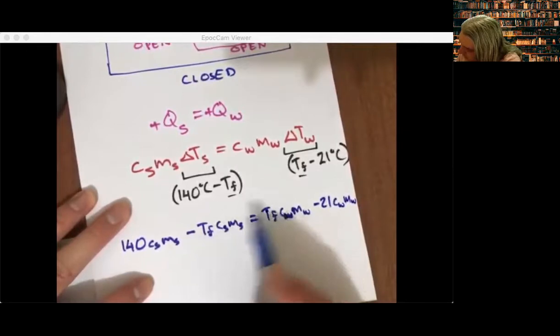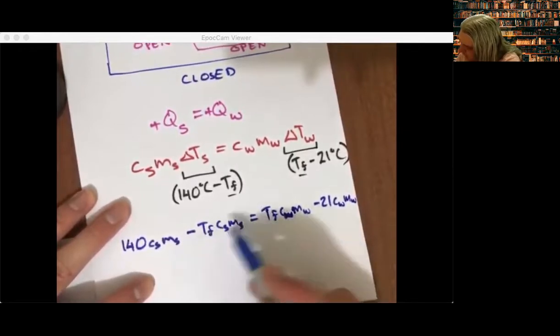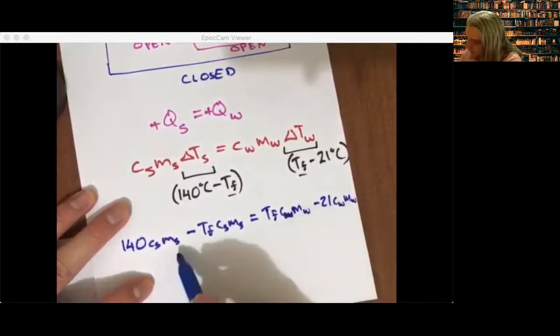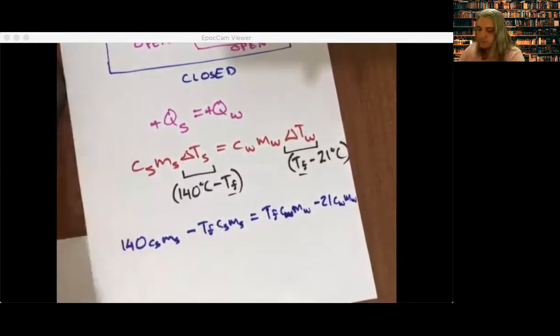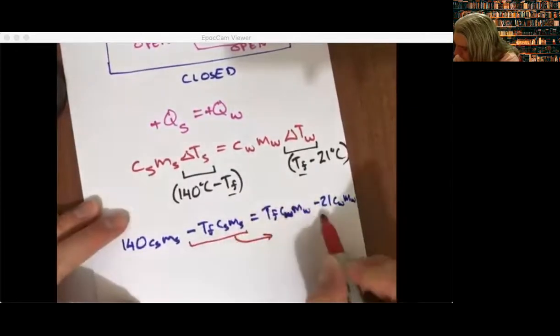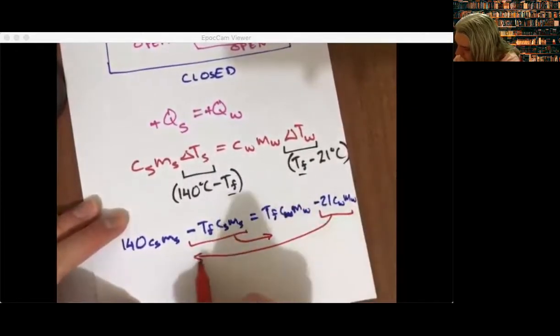It doesn't matter which. It probably makes more sense to move it over this side because then everything's positive, and bring this over this side. So I'll just do that in another color to try and be clear. I'm going to bring this over this side and then bring this over this side.